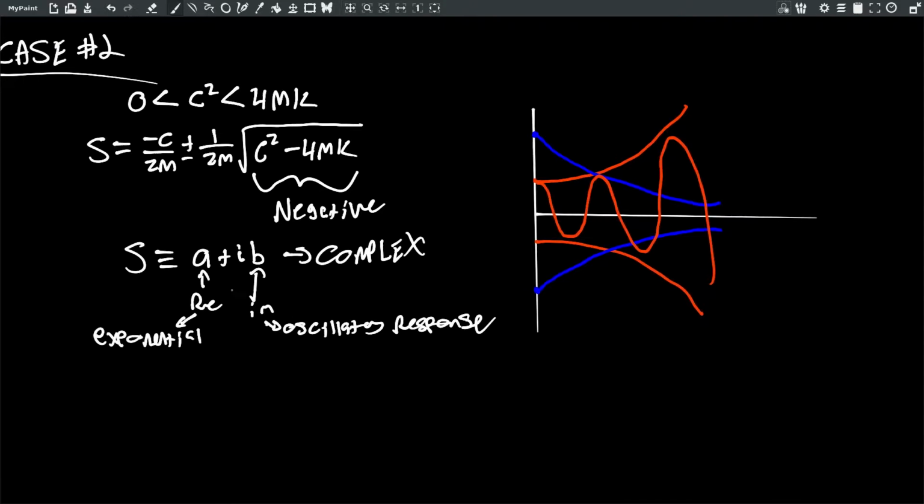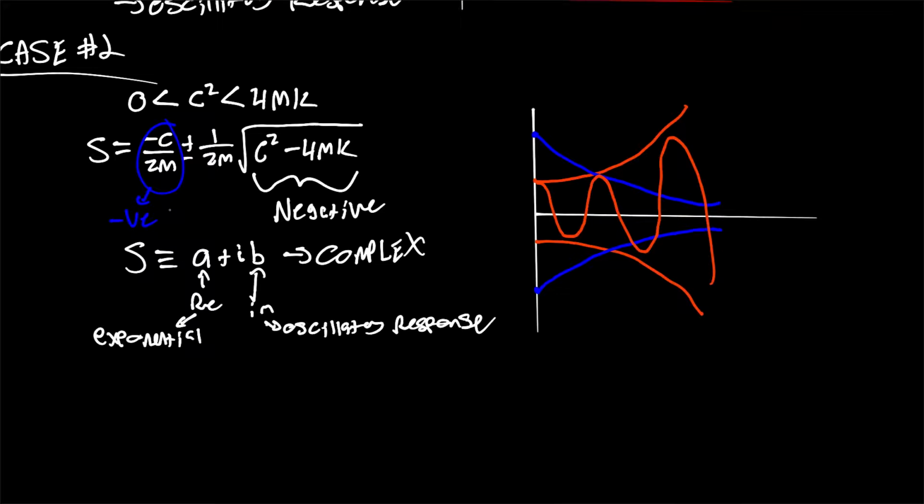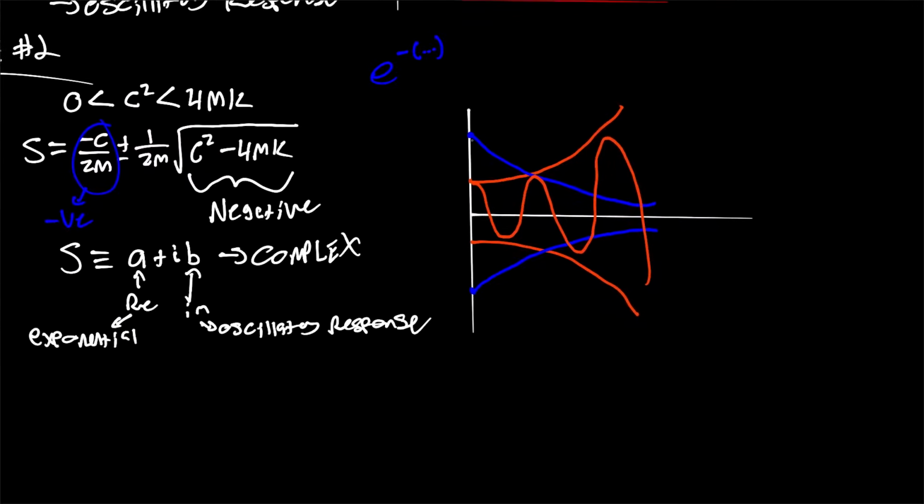However, in this case, we happen to know that our real component is going to be negative. And since our dynamic response is an exponential response, e to the negative anything is going to be an exponential decay, as we see here.